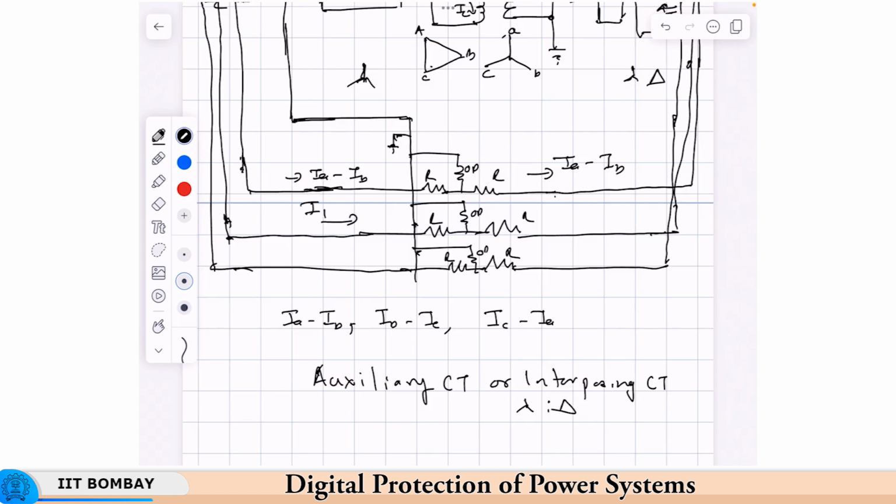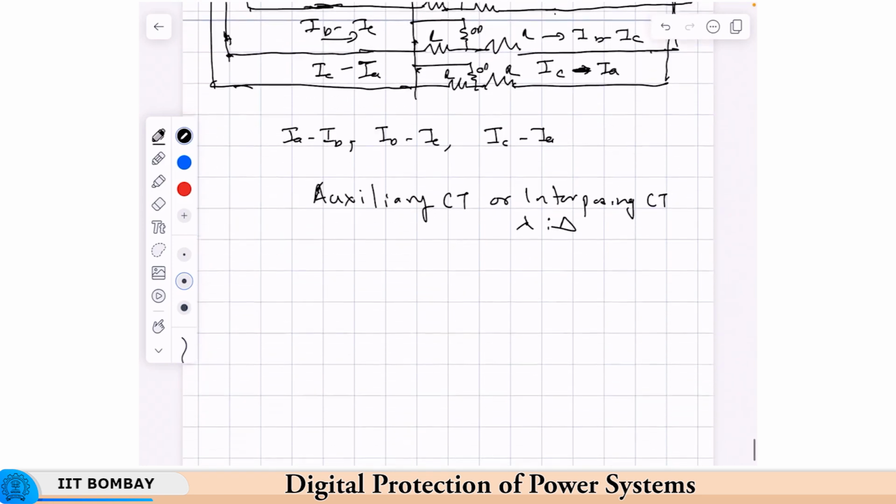So you have IB minus IC here, you need IB minus IC here. You can do it with the main CT connected in delta, or with an interposing CT. And IC minus IA here also.